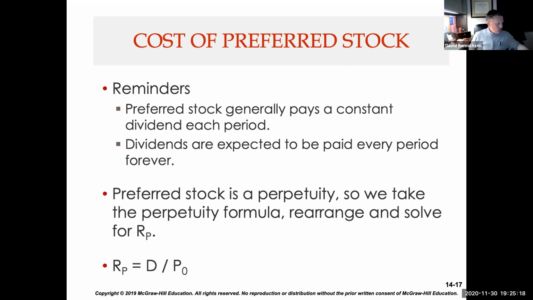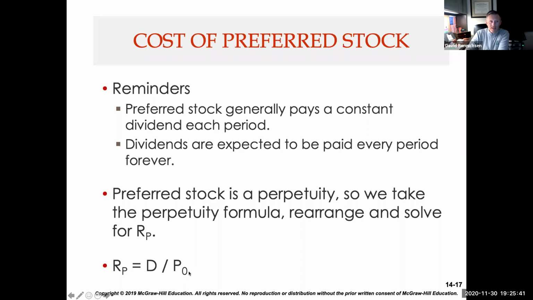So what we need to start thinking about here is the preferred stock being modeled as a perpetuity. The expected return of a preferred stock, if you remember the formula for a perpetuity, is nothing more than the dividend divided by the current price.